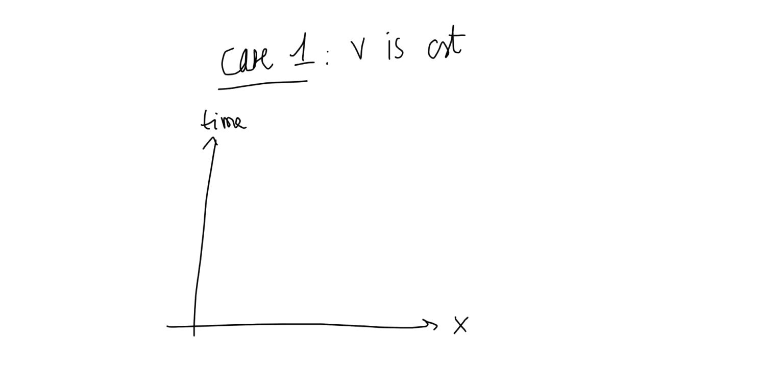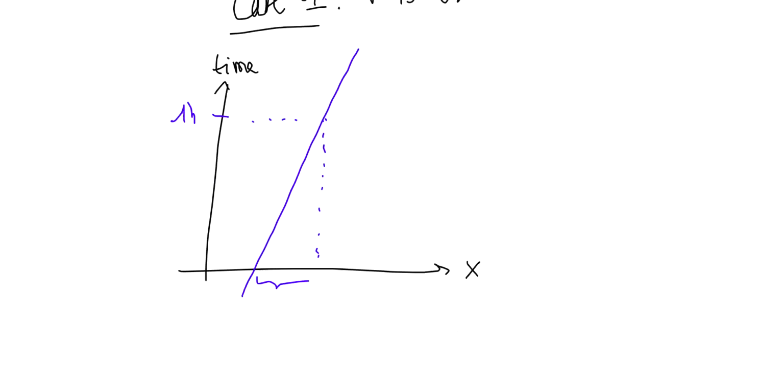Its world line will be a straight line like this. So you see that, let's say, for an hour, you travel 300 kilometers if you go at 300 kilometers per hour.